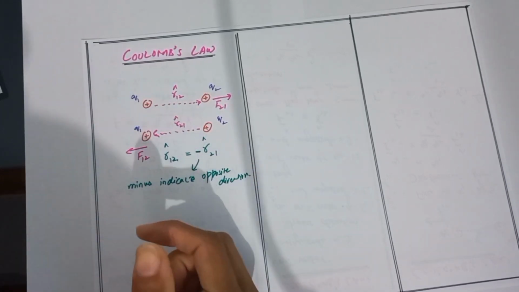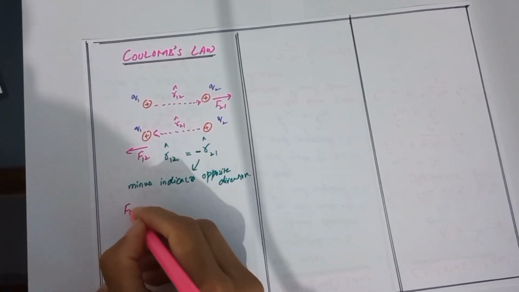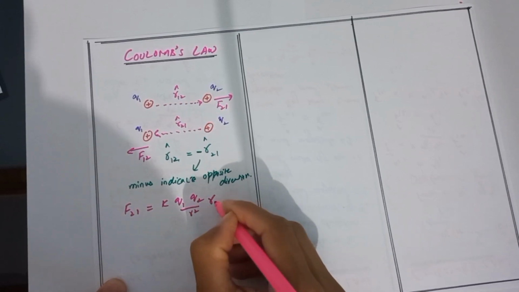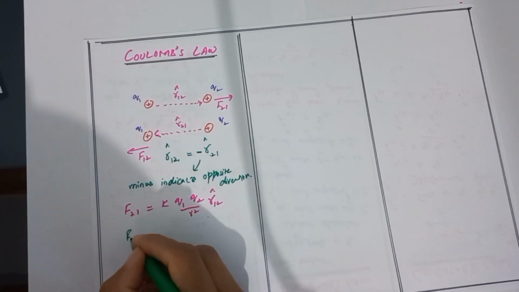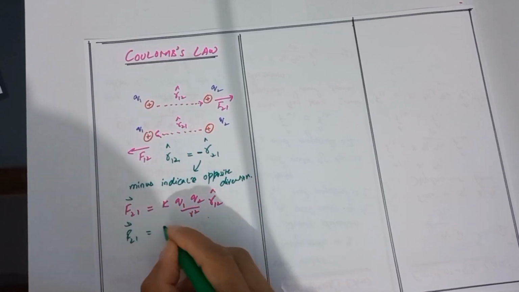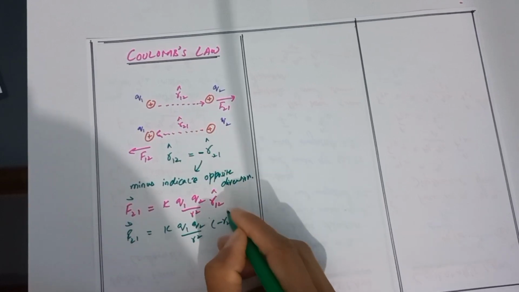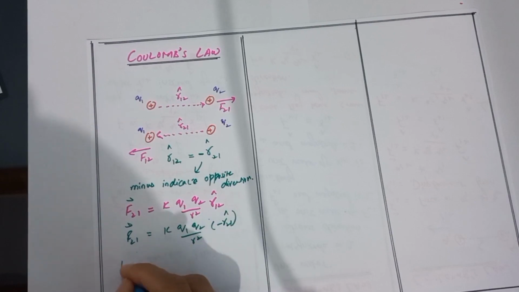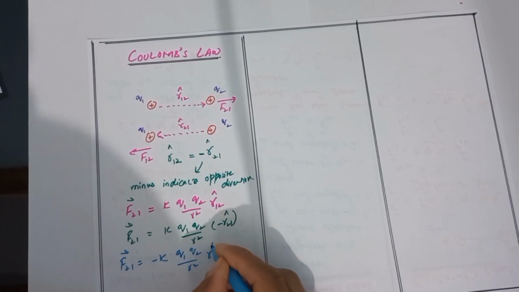For example, F21 is equal to K Q1 Q2 upon R square R12 unit vector. Now I put R12 equal to minus R21 unit vector into this equation. So bringing the minus sign to the first position, we get minus K Q1 Q2 upon R square R21 unit vector.